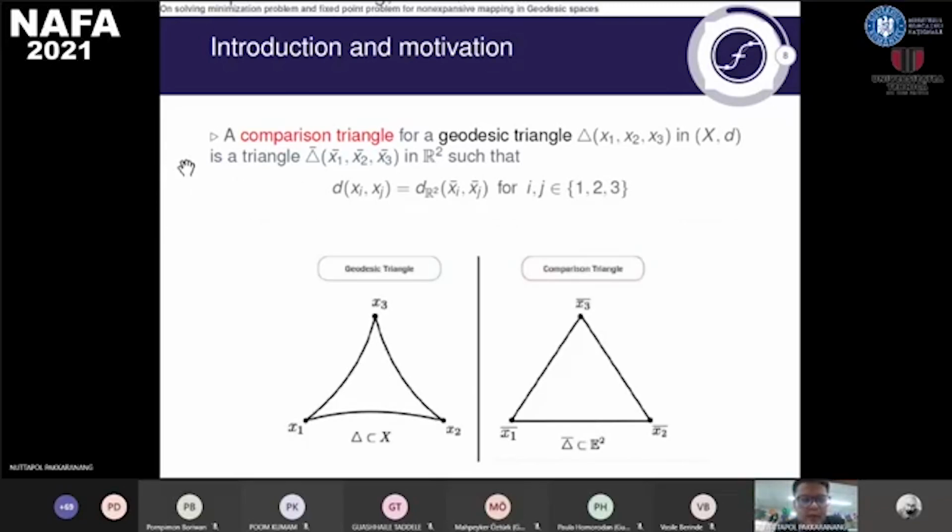Next, I will talk about the comparison triangle for a geodesic triangle in (X, d). It is a geodesic triangle satisfying this equation. The left hand side is the geodesic triangle and the right hand side is the comparison triangle in R2.